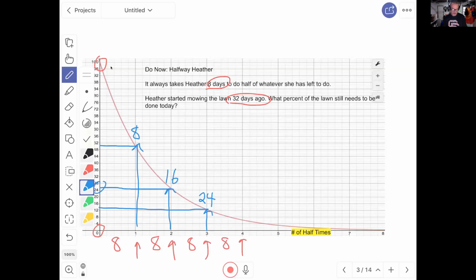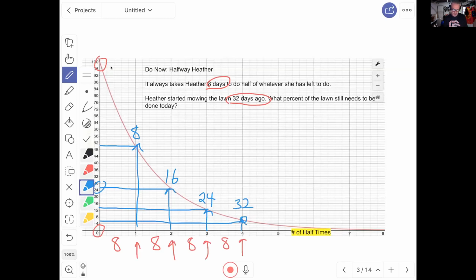So 32 days would be right here because 8 plus 24 is 32. And half of 12 and a half is 6 and a quarter. 6 1/4 is right here. Ooh, it works out. Look at that.